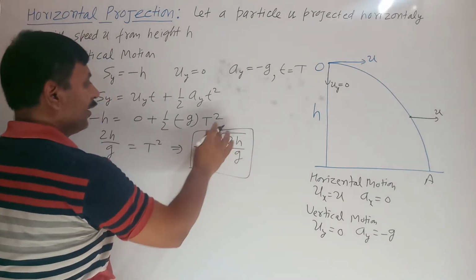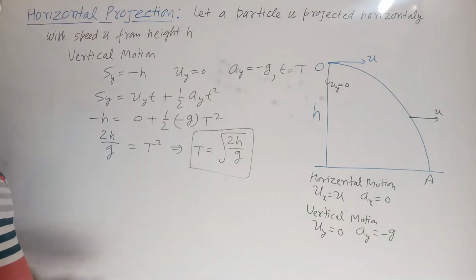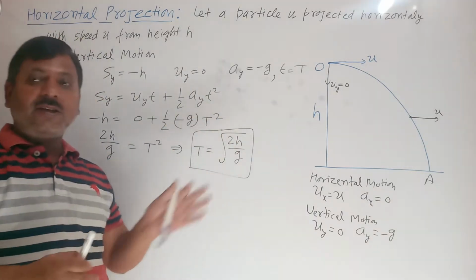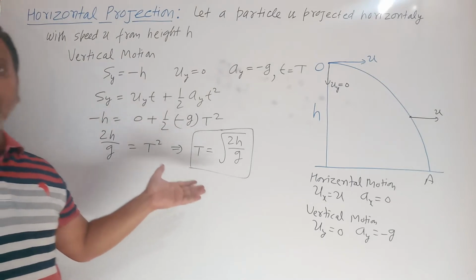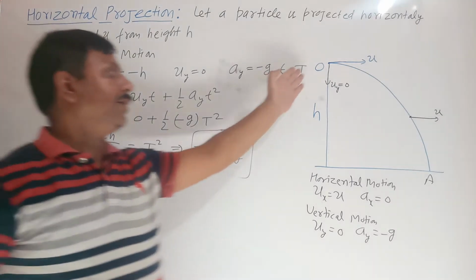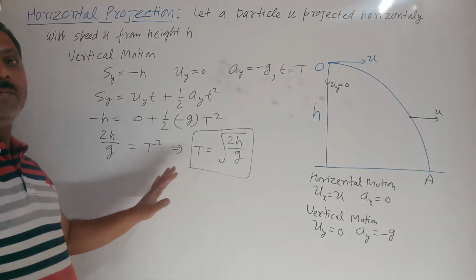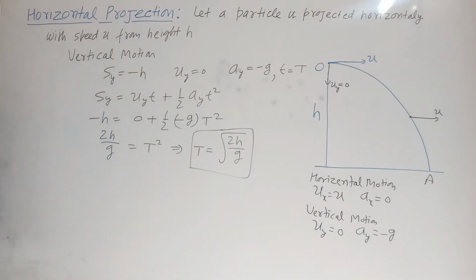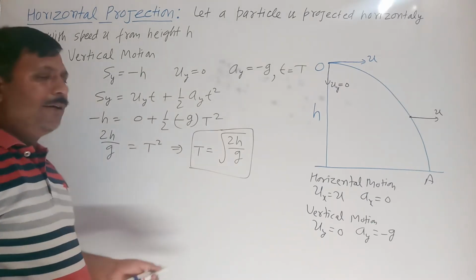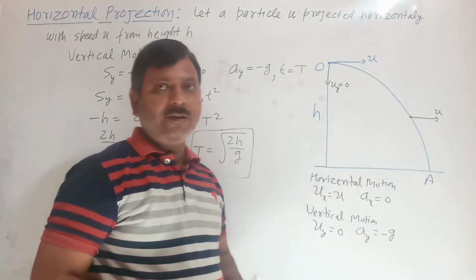A very important thing: if a body is projected horizontally, what will be the time of flight? The time to come to the ground is capital T = under root 2h upon g. What will be the range?